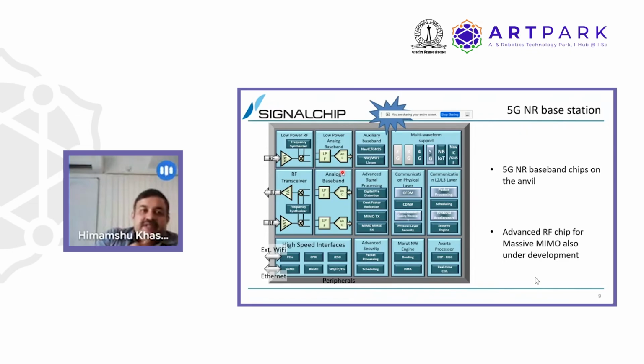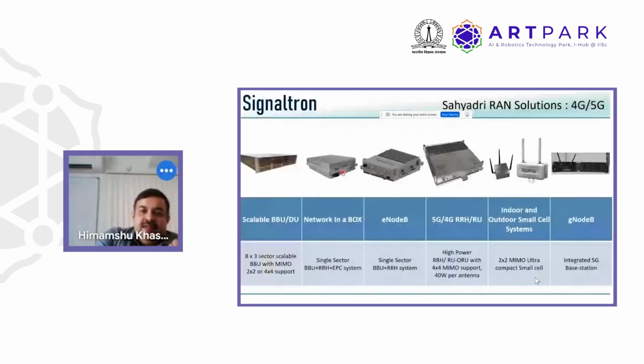So this is what is currently in progress as well. So we are almost through with most of these modules, and we should be getting out with this chip as well soon. So so much for Signal Chip, which has been done in the last few years.